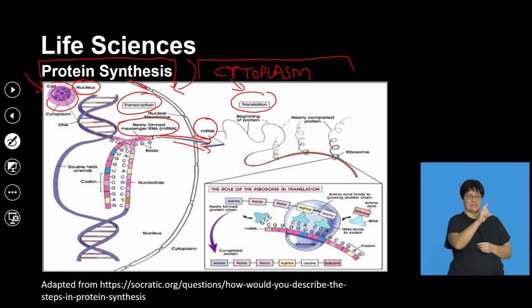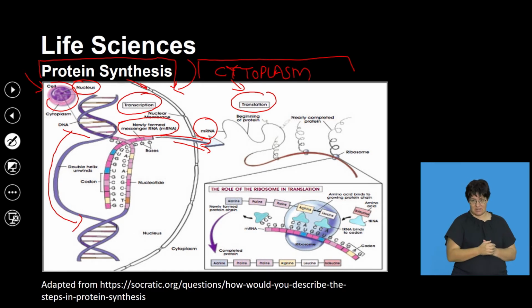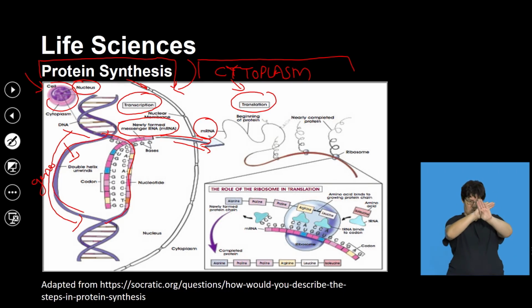We've got DNA, and that DNA codes for sequences of information called genes. I'm pointing to a specific gene here. The DNA will unwind, and the hydrogen bonds break open, exposing the DNA strand, which is what you would see here. The DNA strands have opened up, exposing a template.